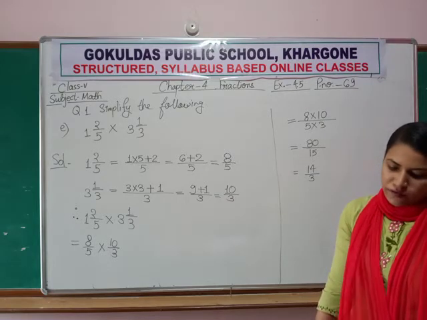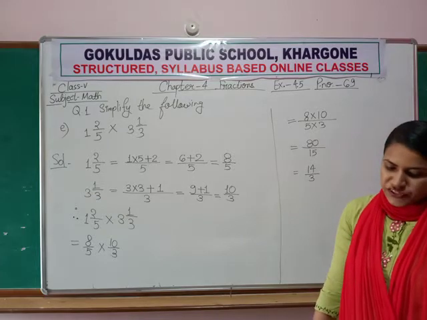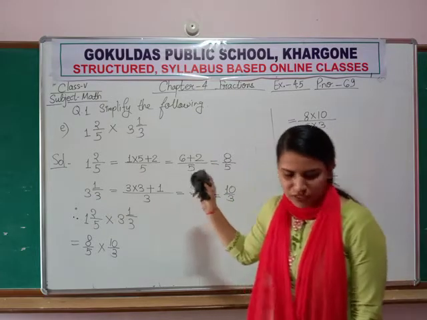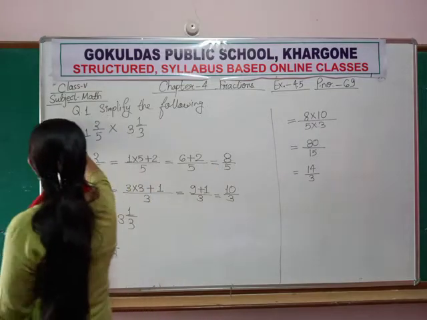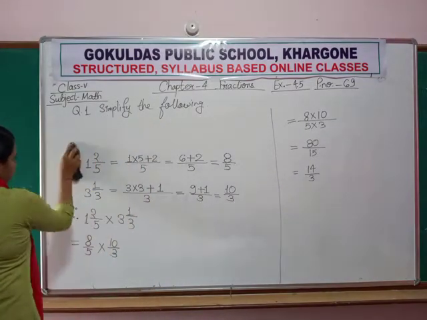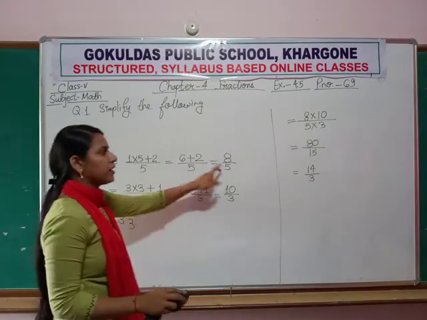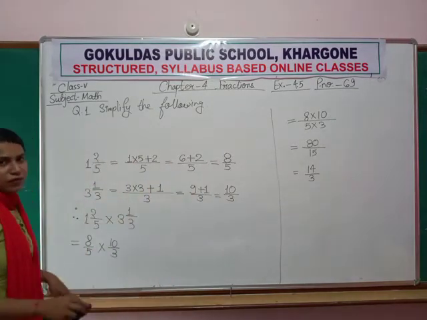Now let us solve one more question, that is question number G. If mixed fractions are given, then first of all we will convert them into improper fractions, then we will multiply.